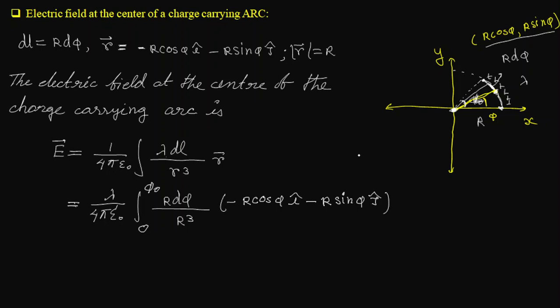Now since this is not a complete loop, the examiner may ask different types of circle arc. Let me draw a few figures here. The examiner may ask you an arc part like this. This is 1/4 of a circle.